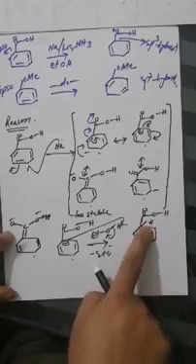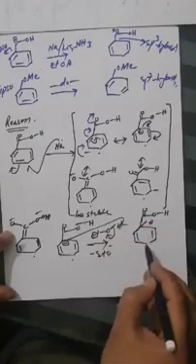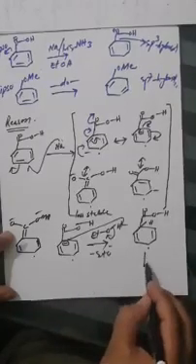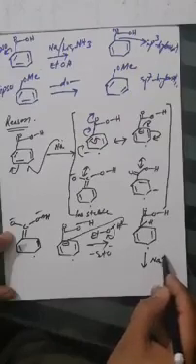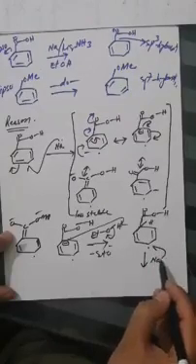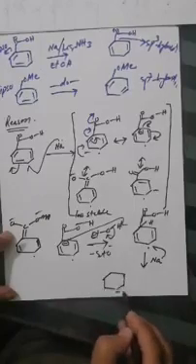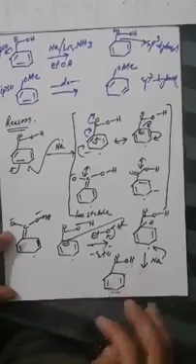This hydrogen has now come from the solvent, that is ethanol. And here we have a single electron. What happens next? Another single electron transfer occurs from sodium. You will get a negative charge here and OH here.